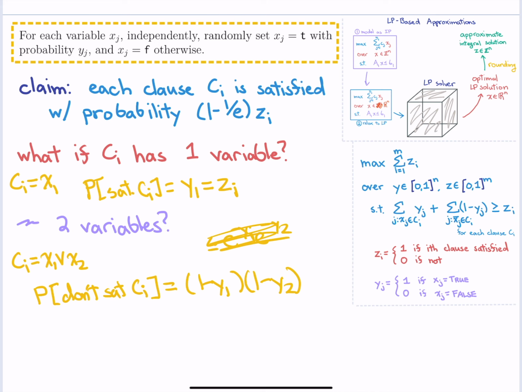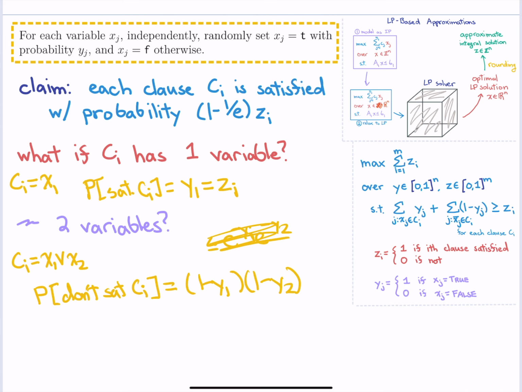Anyone know inequalities for dealing with something like a times b? That's called AM-GM, the arithmetic mean, geometric mean inequality. So this is like, you have some amount of fence. What's the most area you can surround with the fence?